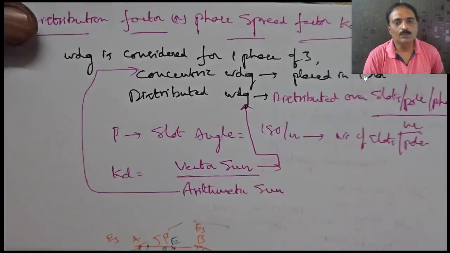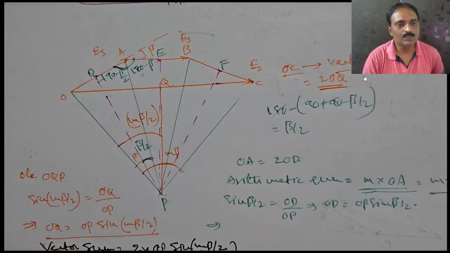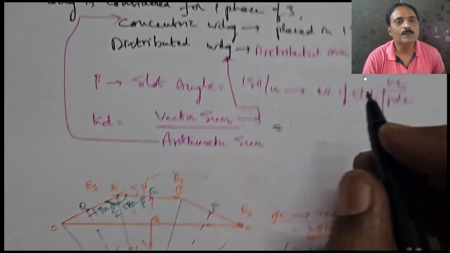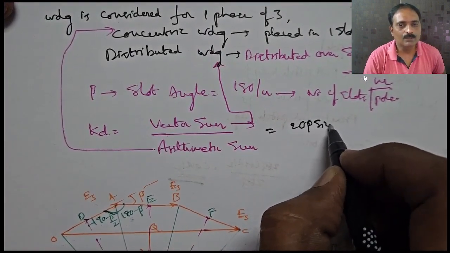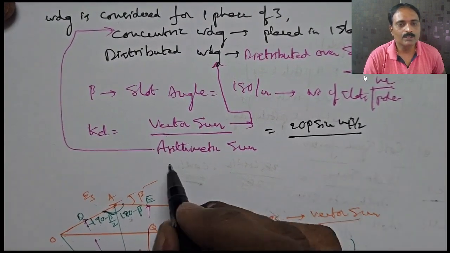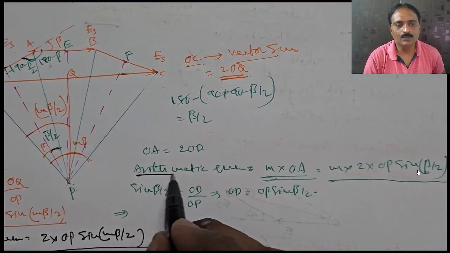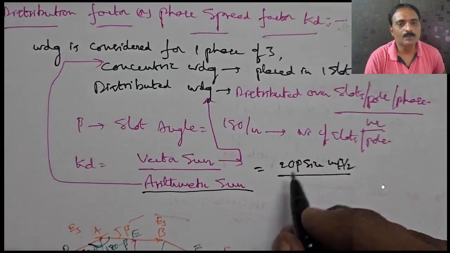So we have got both things, the arithmetic sum and also at the same time the vector sum. So vector sum is 2 OP sine m beta by 2. I am writing down here 2 OP sine of m beta by 2 divided by the arithmetic sum. The arithmetic sum we have already derived, this one, m into 2 into OP sine beta by 2.